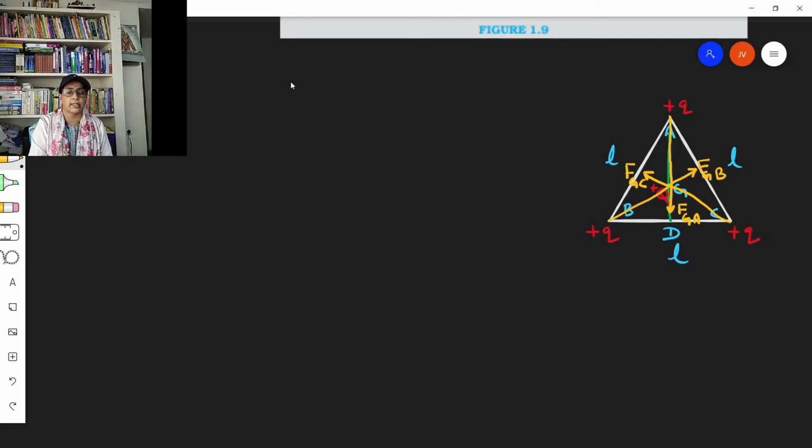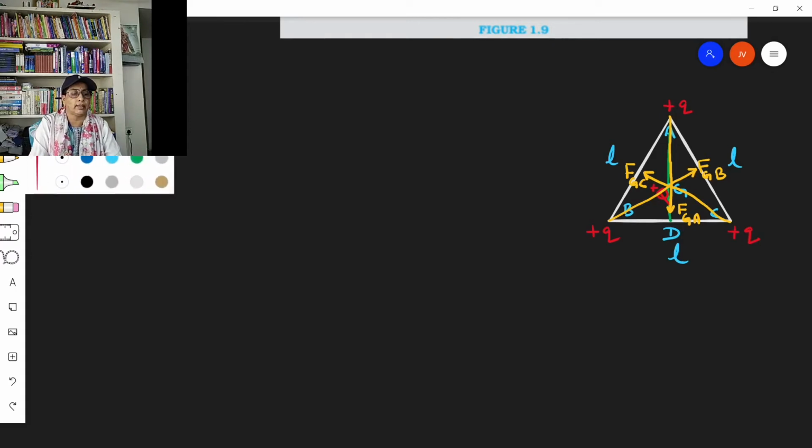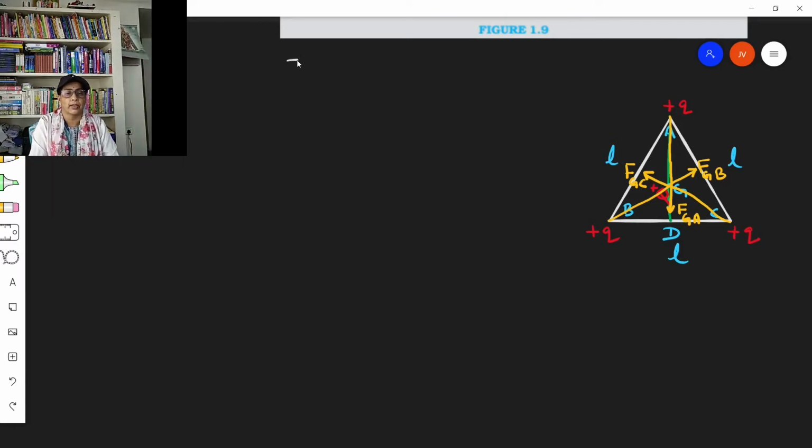So first let us calculate the electrostatic force on the charge due to the three charges at the vertices. So force on charge at G due to A is KQ by R square, and here R is AG.